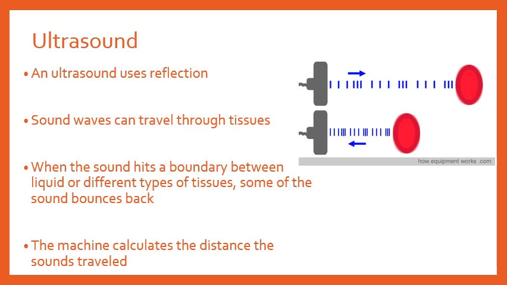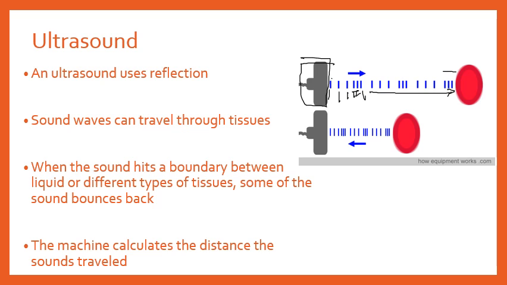So here's the way that it actually works. When you have an ultrasound, they use basically like a little sound emitter. And this is going to generate those ultrasounds, and it's going to send out sound waves. And those sound waves are going to be sent through whatever you're trying to take a picture of.